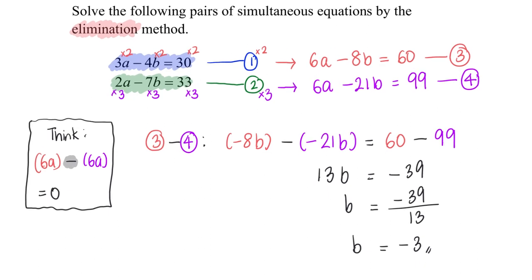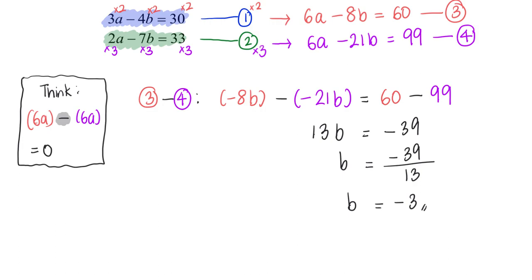Then all we have to do is to substitute B into any of these 4 equations. Okay, so it does not matter. I'm going to substitute this value of B into equation 1.